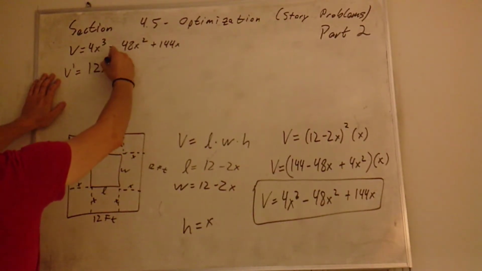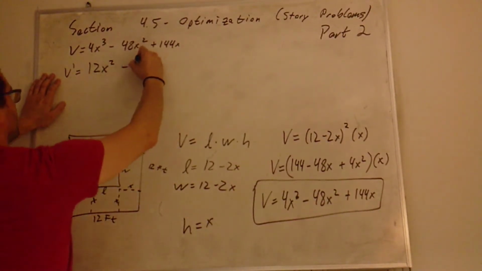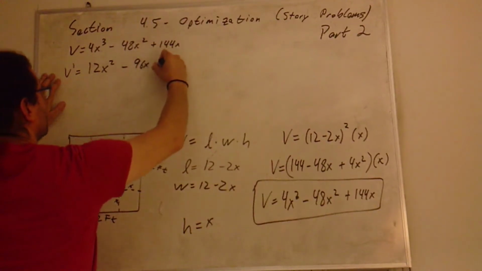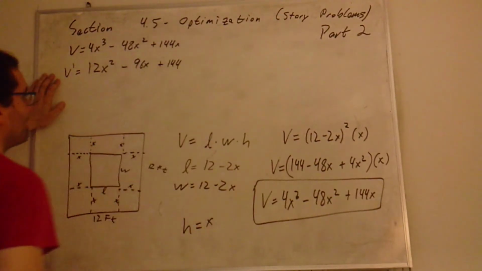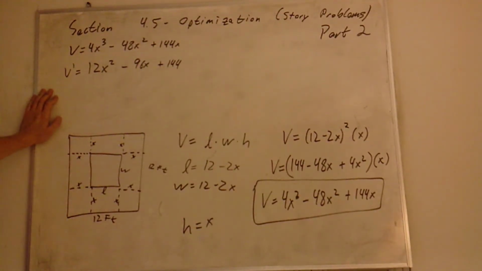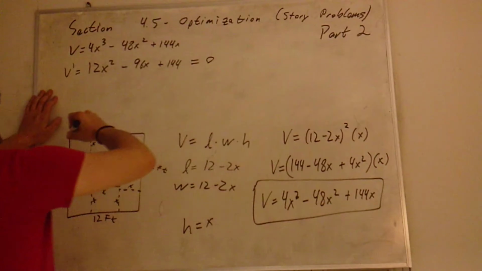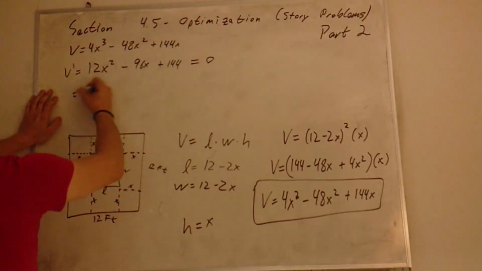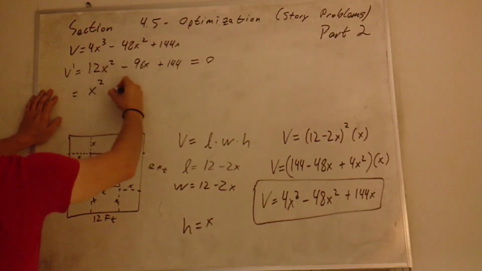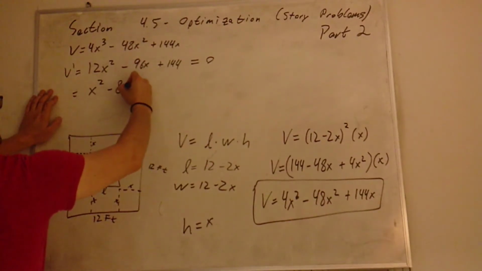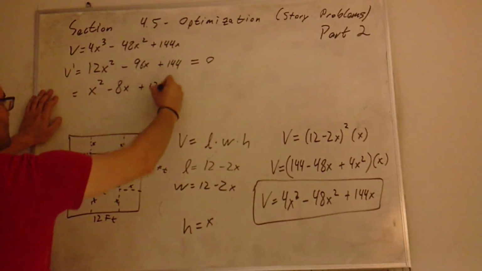Derivative should give me 12x squared minus 96x plus 144, which kind of feels like a lot. But we can factor this out pretty nicely. We can pull a 12 out right away. Actually, if I'm setting this equal to 0, I can just divide everything by 12. That'll leave me with an x squared, a negative 8x, and a positive 12.